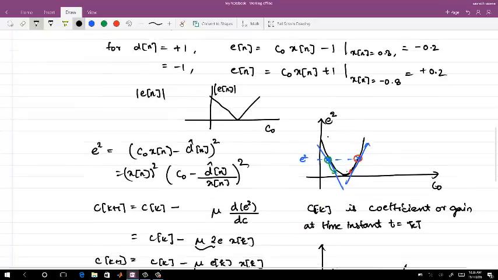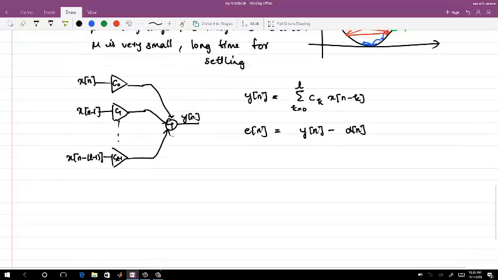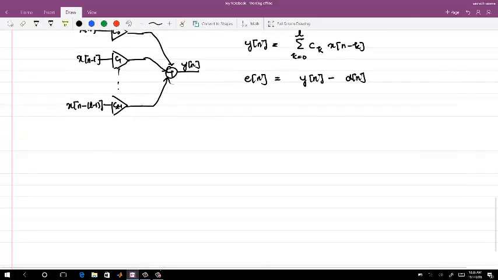Can you relate that this is x of n and x of n minus 1? Is there any confusion in that? x of n is the received signal. If you do not remember, this was the signal which I received, x of t.